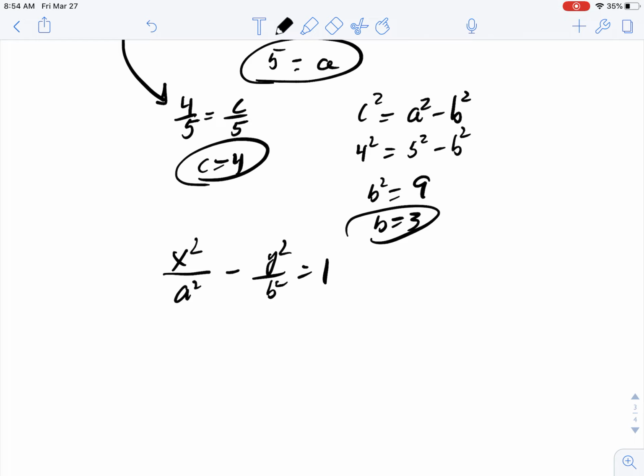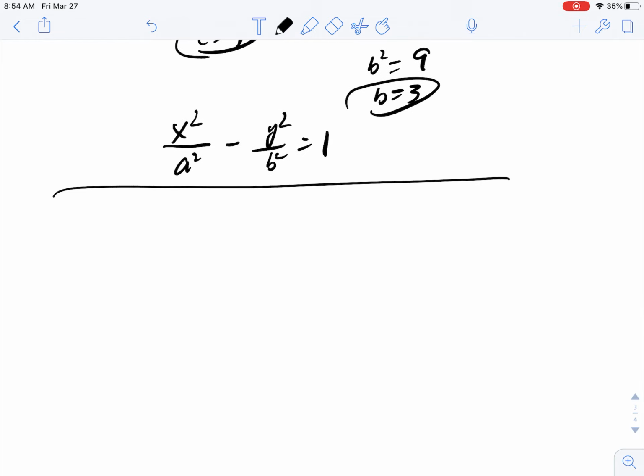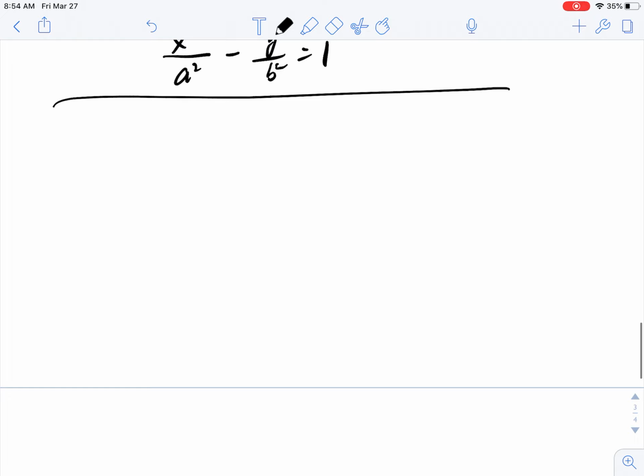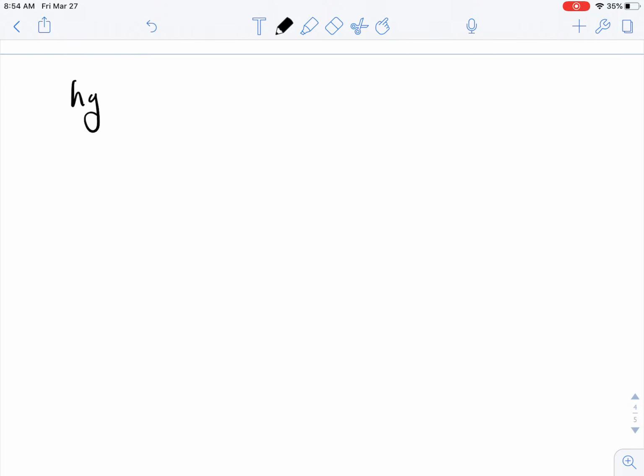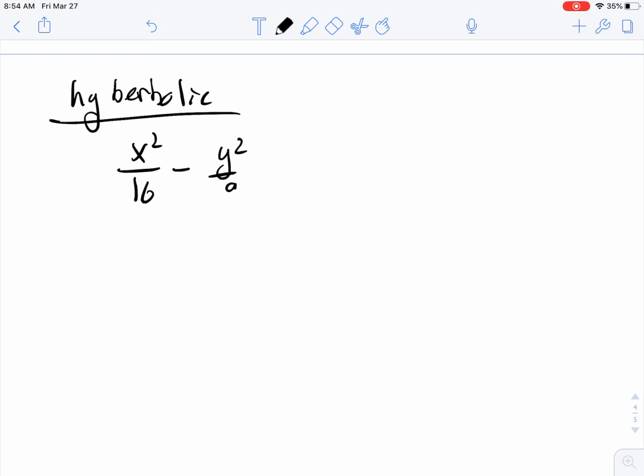Let me see here. Let's graph out one more hyperbola. Give me a lot of room here. Let's say x squared over 16 minus y squared over 9 equals 1. So my a is 4, my b is 3.